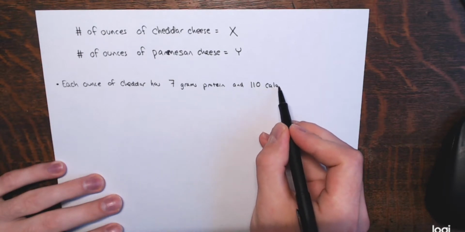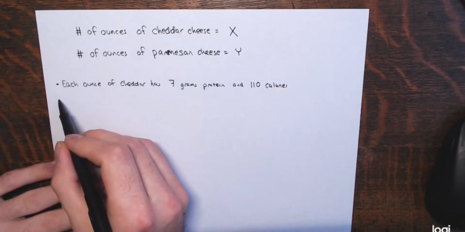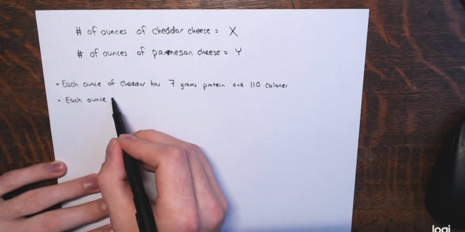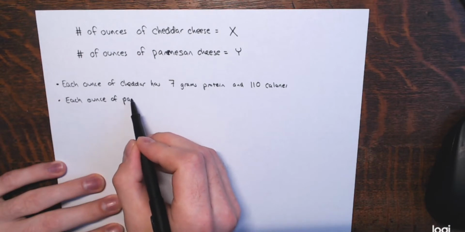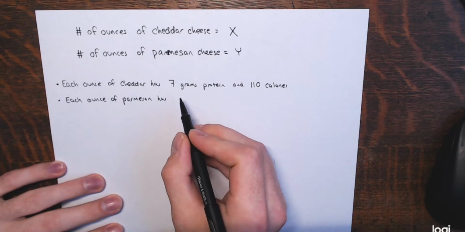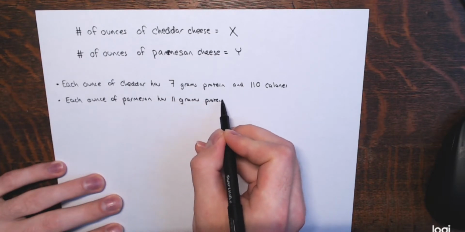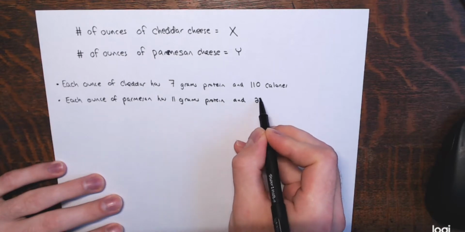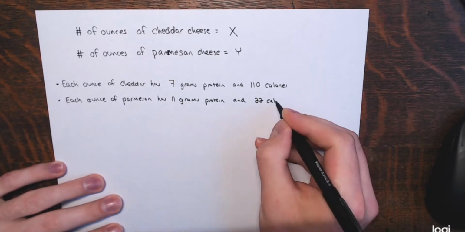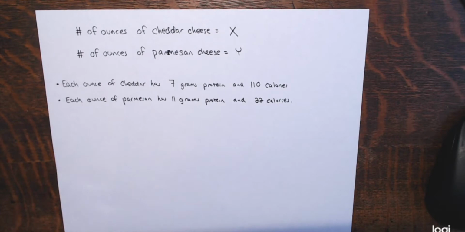I think they're just numbers that are popped into the problem. And another piece of information they gave us is that each ounce of Parmesan cheese has 11 grams of protein and only 22 calories, which is nonsense. There's no way that could happen. But again, I think these numbers are just made up for the problem, just popped in there to help you work.